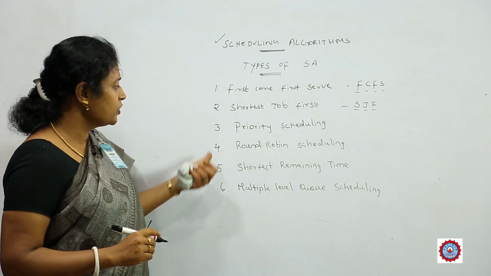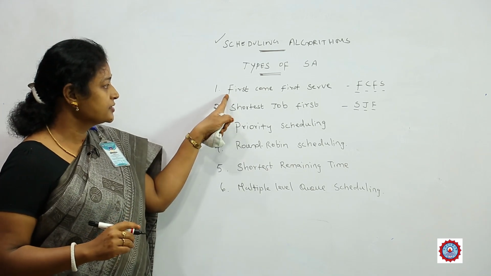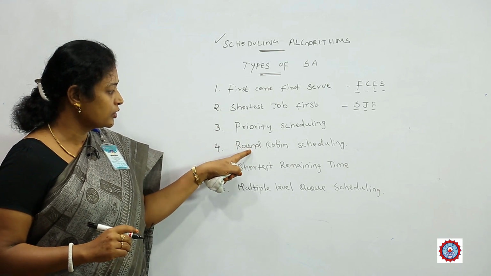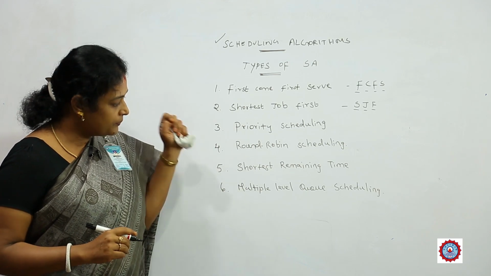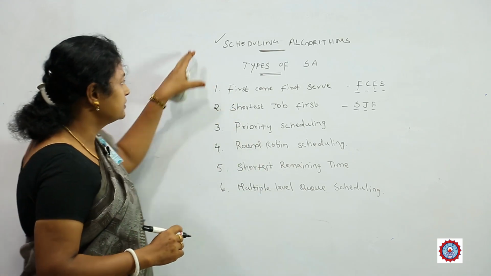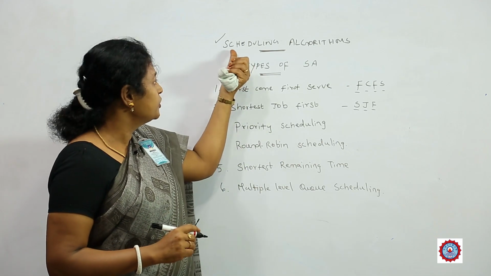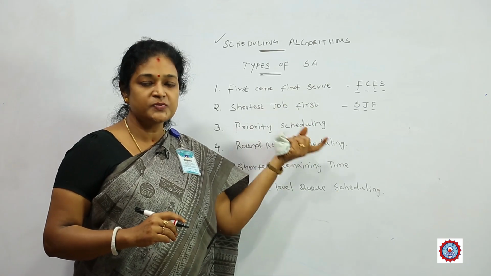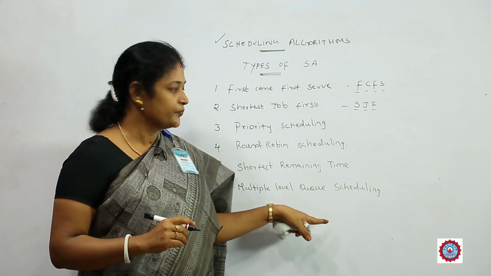So, these are some of the common types of scheduling algorithms: first come first serve, shortest job first, priority scheduling, round robin scheduling, shortest remaining time, multiple level queue scheduling. These are the basic types, and with these types the scheduler will choose any one based on some of the concepts of the processes, and it will be allocated to the CPU.